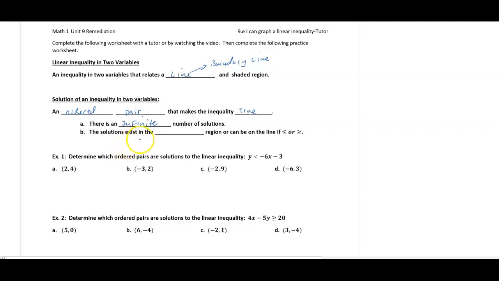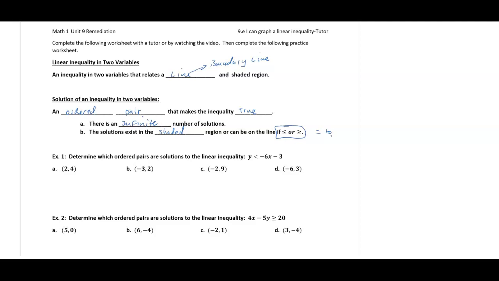And the solution exists in the shaded region, or can be on the line if the inequality is greater than or equal to or less than or equal to. So anytime it's equal to, anything on the line could be a solution.